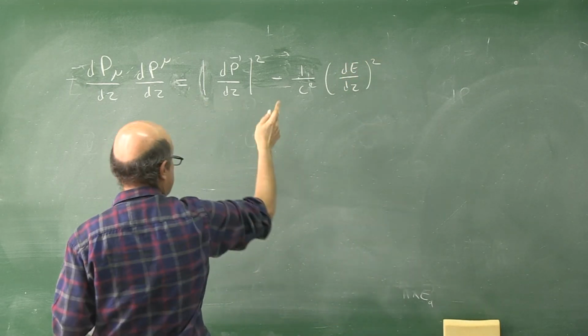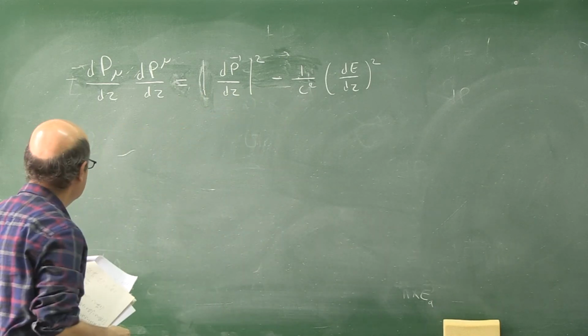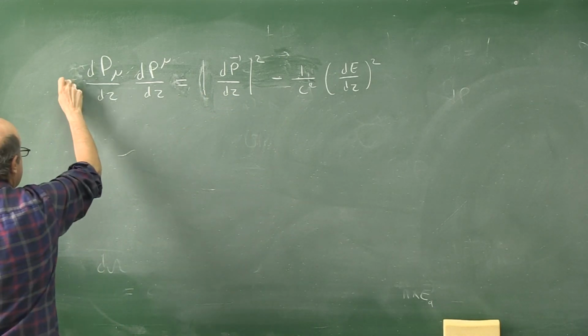So if you multiply with the minus, you will get the correct definition of the scalar product.